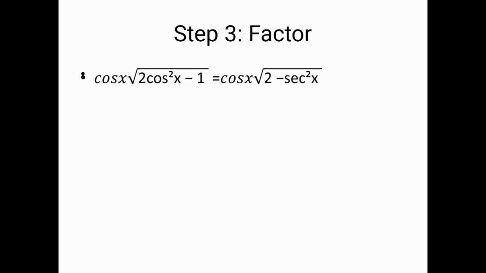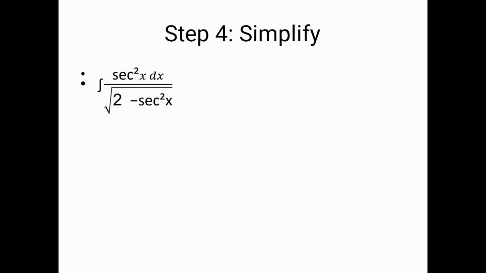Finally, we will get cos x times the square root of 2 minus sec square x. Then replace these relations in the integral fraction. You have it above. Step 4 is simplify.